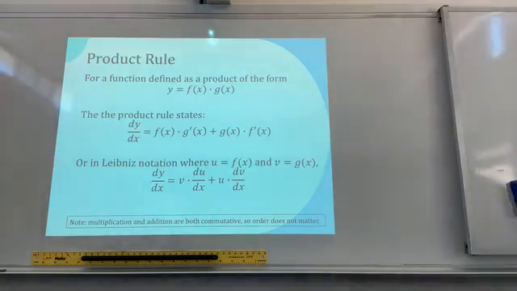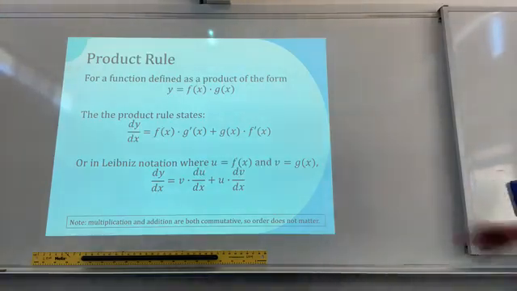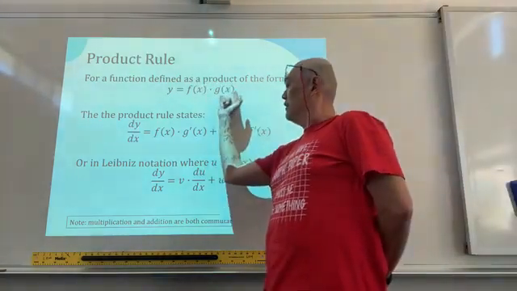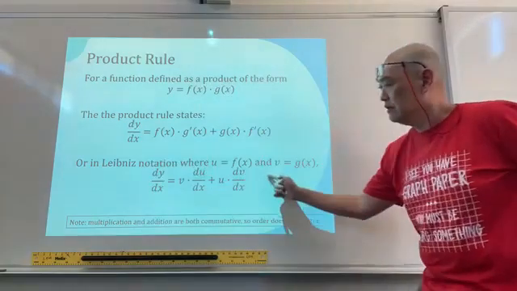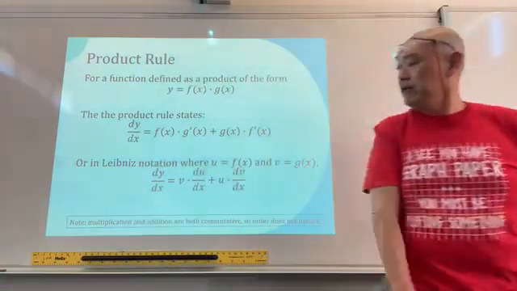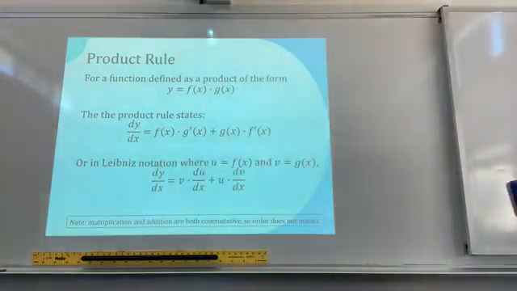So think about one of them as u, one of them as v. This is what you need to know: dy/dx equals v du/dx plus u dv/dx, which is actually in your formula sheet. In the formula sheets, I've covered the chain rule and the product rule.